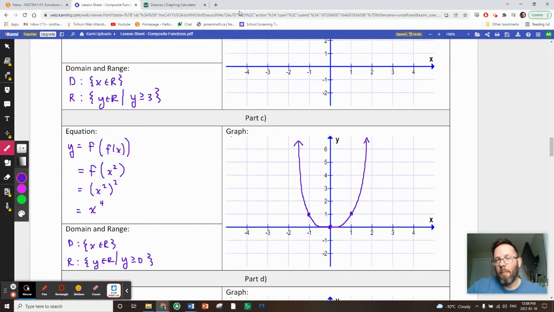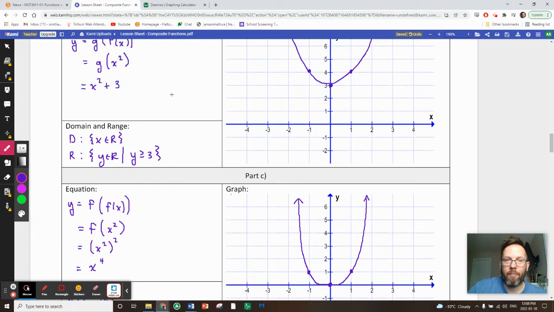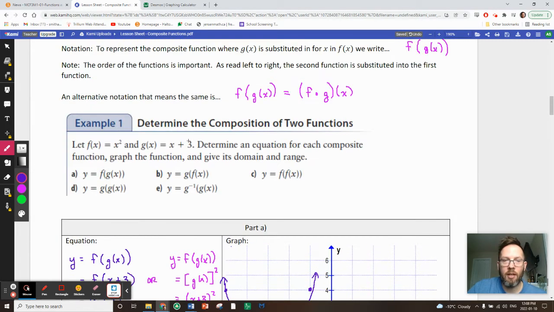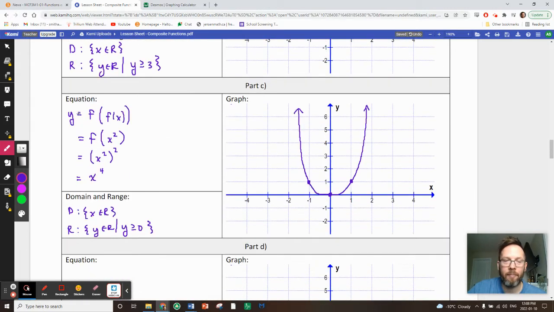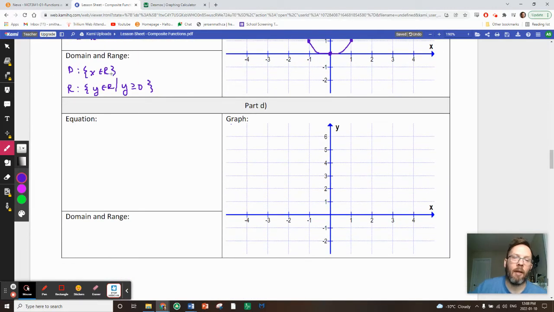All right, maybe, just maybe, you guys can give part D a try. We're doing g of g of x. So can you follow the same pattern? Again, if you don't feel like pausing the video and trying it on your own, you can always do it with me. We're doing g of g of x.